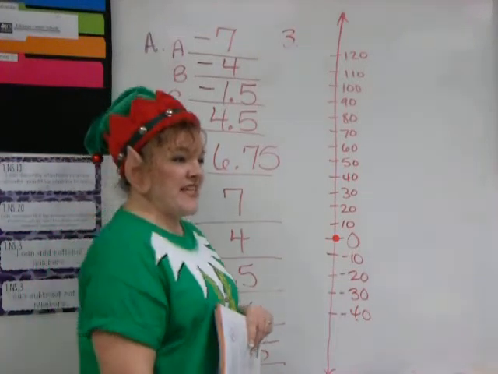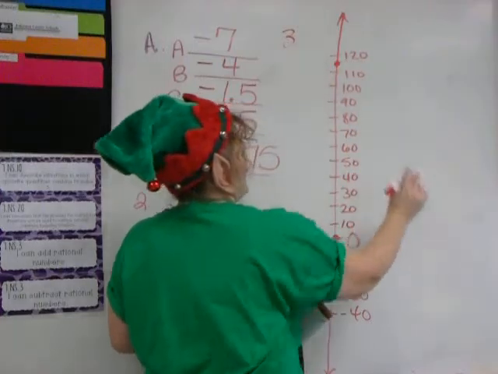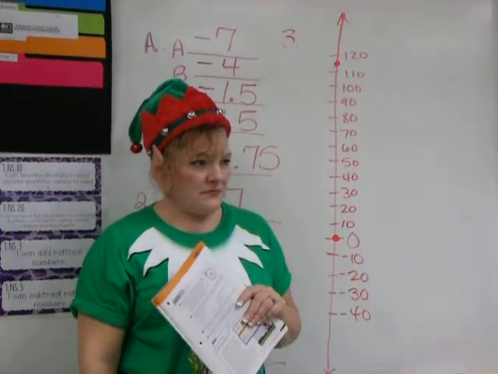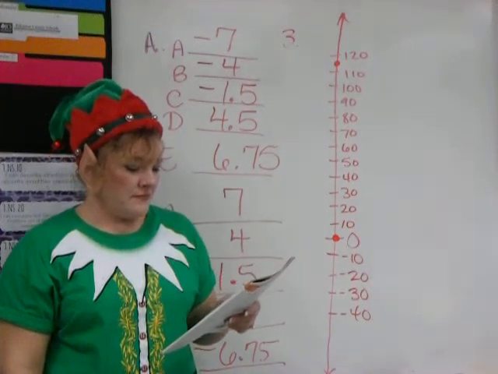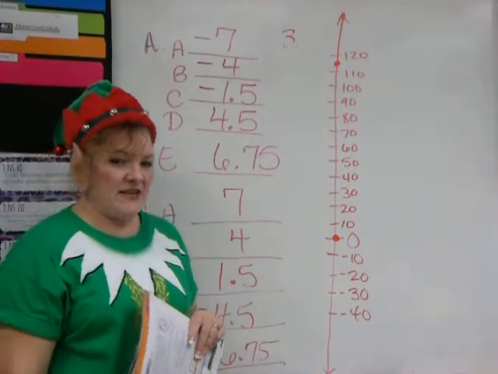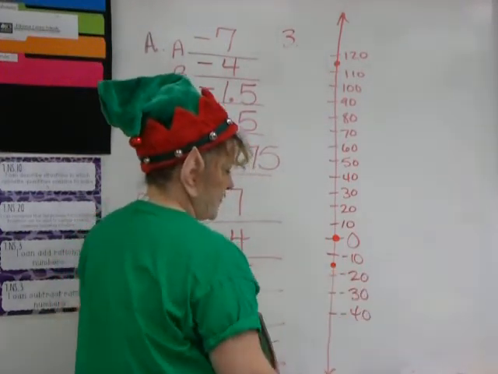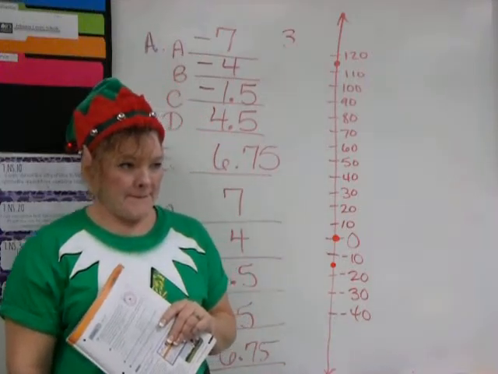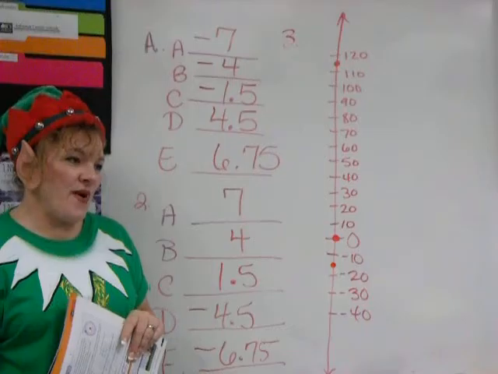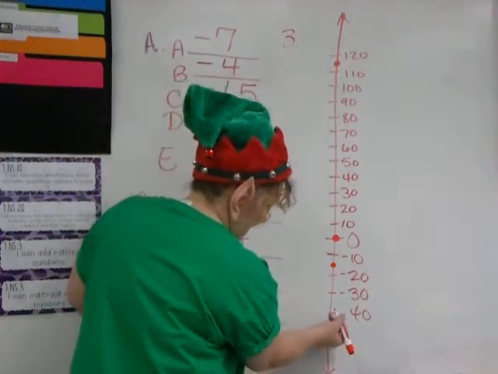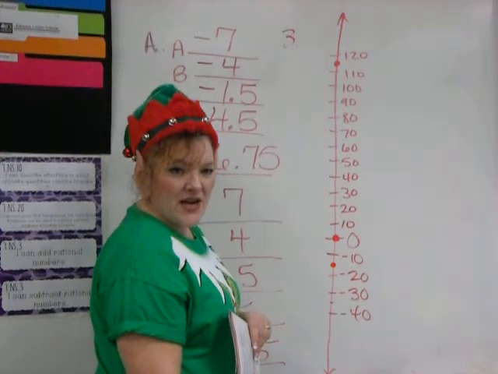Positive 115 is between 110 and 120. It's halfway between. Negative 15 is between negative 10 and negative 20. Negative 32.5. I know that negative 35 is between negative 30 and negative 40.